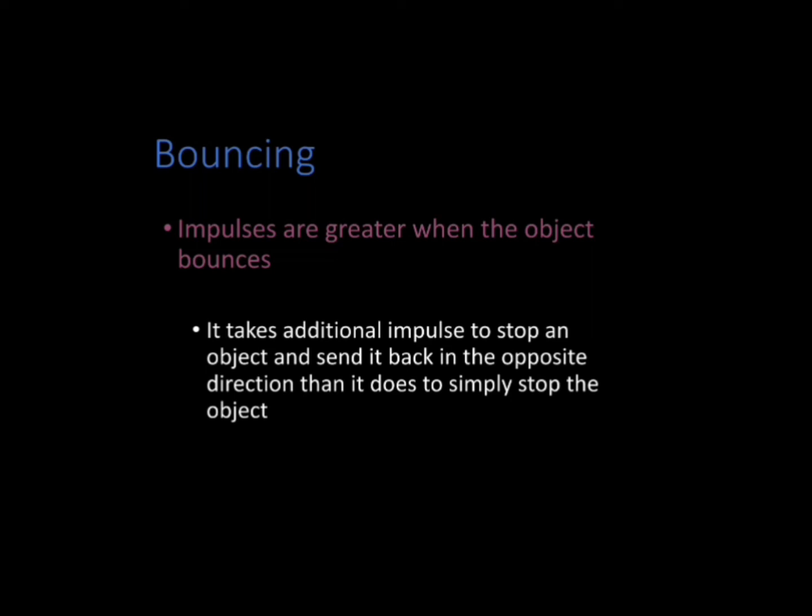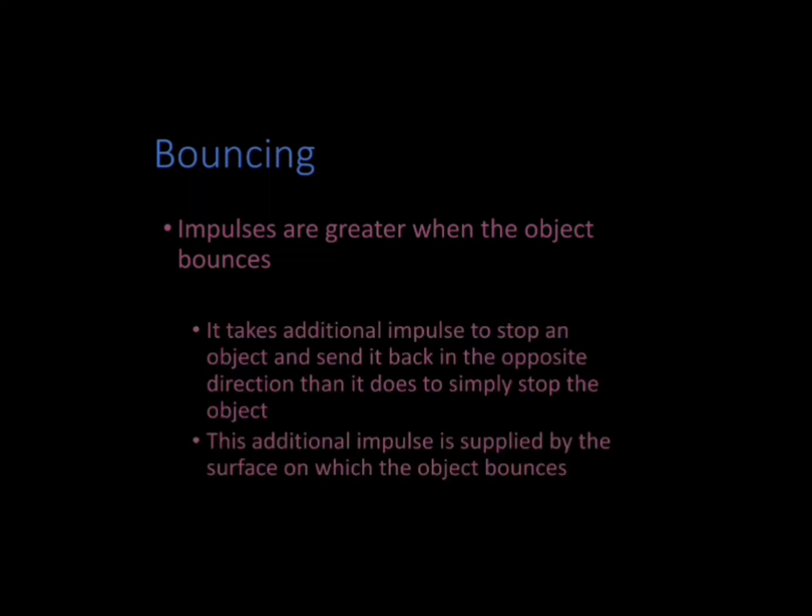So this is why it is not safe to do sports like high jump and land on concrete surfaces, because the concrete surface will bounce you off its surface, will stop you and send you in the opposite direction. So the additional impulse is supplied by the surface on which the object bounces.